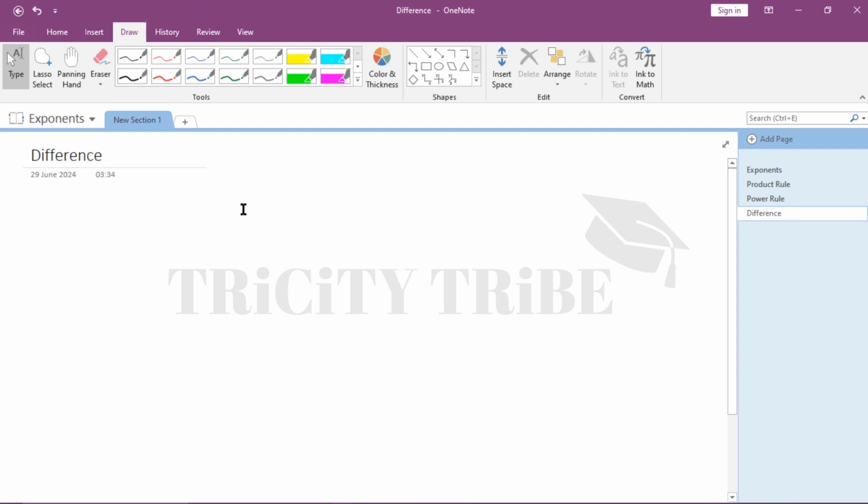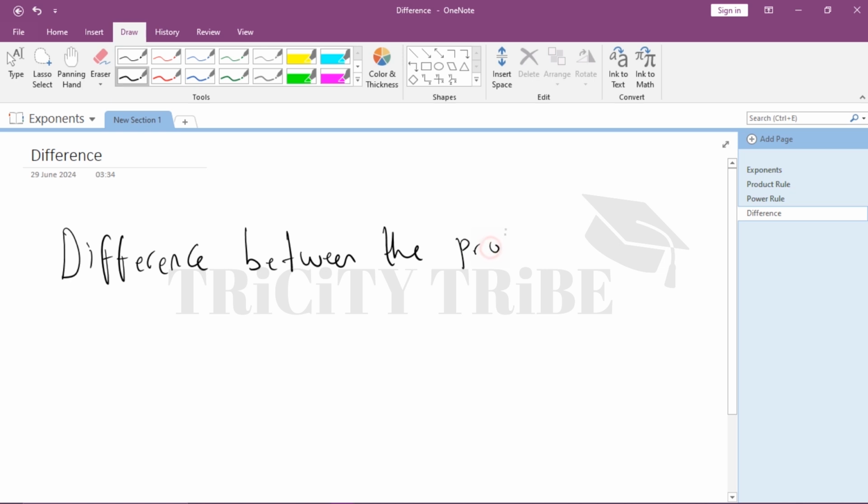Okay, let's check it out. The difference between the product rule and the power rule.